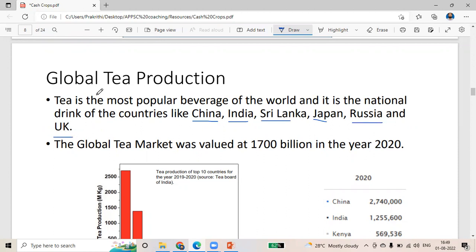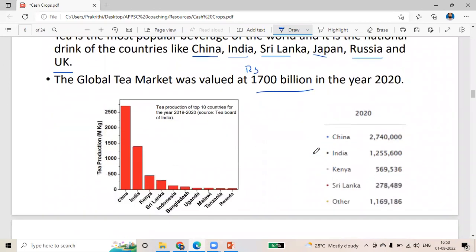So these are the areas where most popular tea production occurs. And in 2020, the global market value was about rupees 1,700 billion. Market value था tea के लिए.